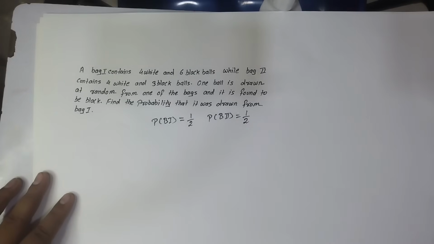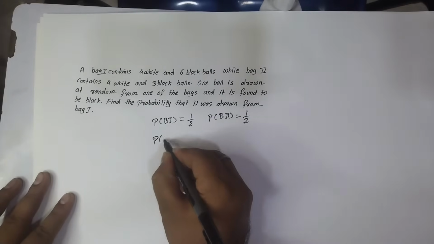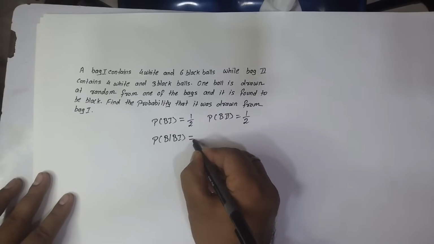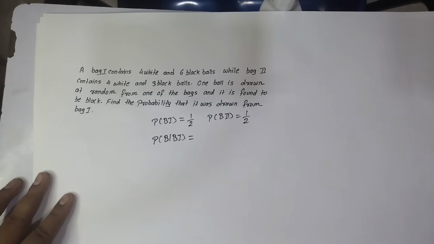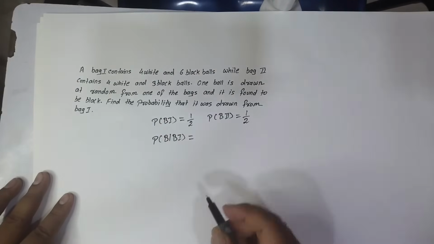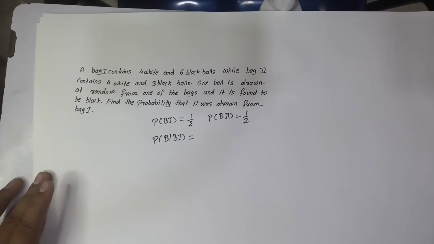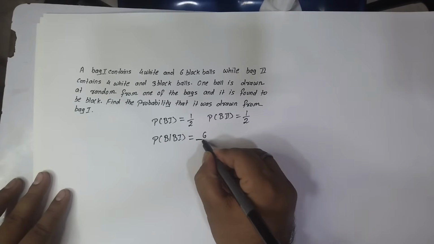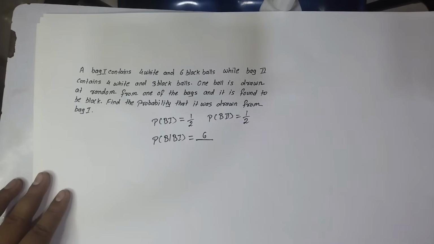Now, probability of a black ball from bag 1 will be, see, bag 1 contains 6 black balls. Out of 6, 1 ball can be selected in 6 ways. And there are a total of 10 balls.